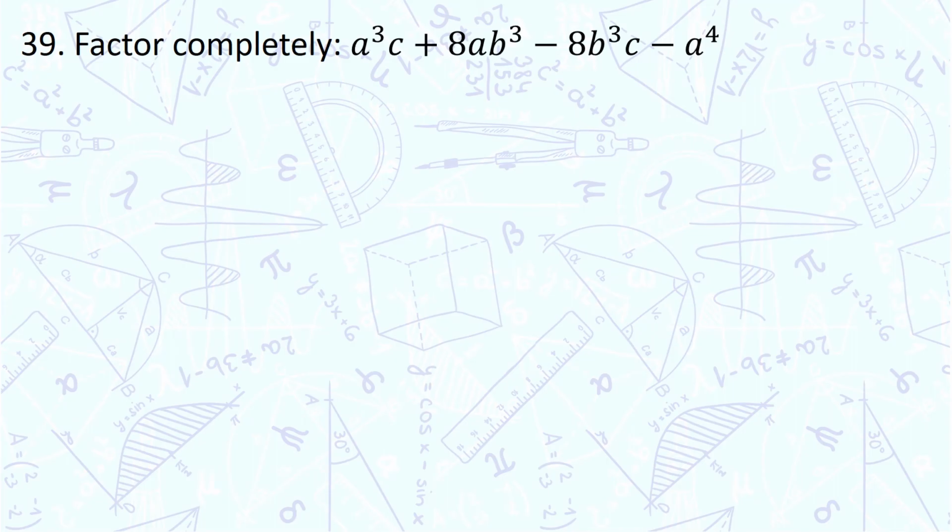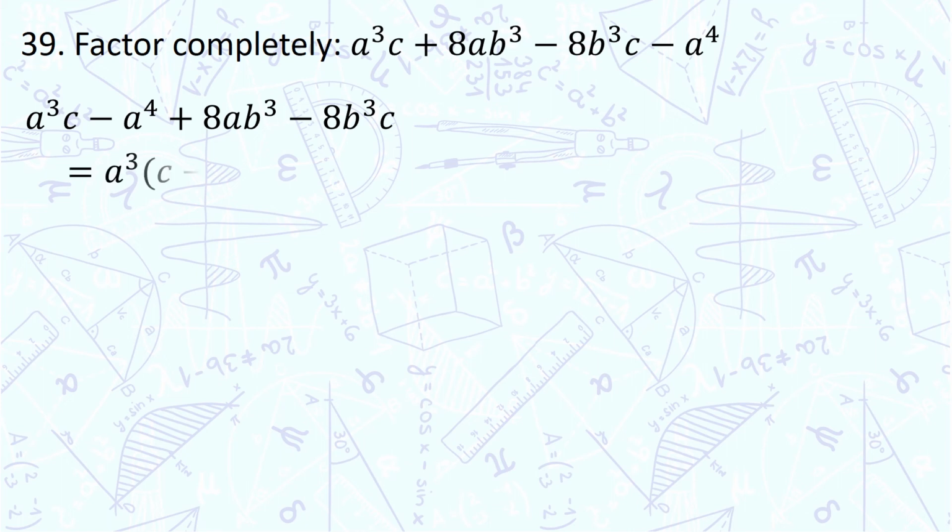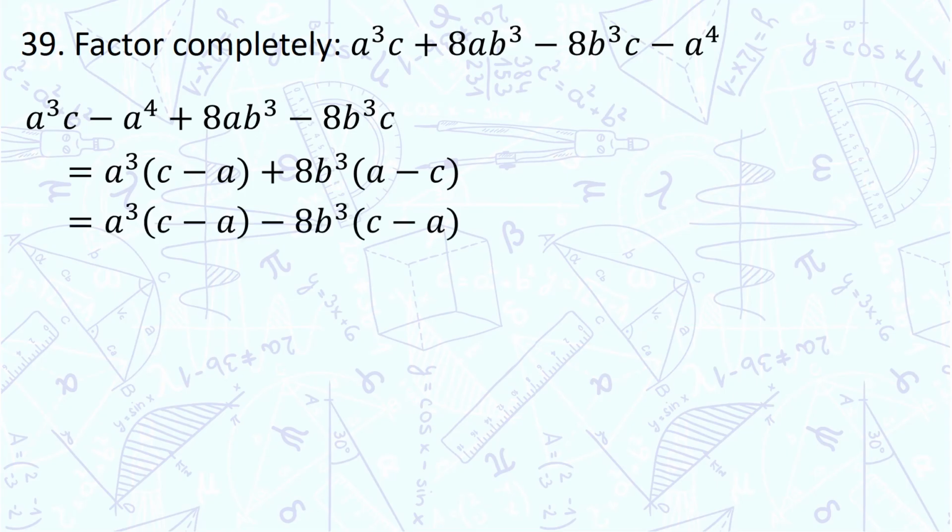39. Factor completely. A cubed c plus 8ab cubed minus 8b cubed c minus a raised to the 4th power. Let us regroup. A cubed c minus a to the 4th power plus 8ab cubed minus 8b cubed c. Then we can factor by grouping. We'll have a cubed times the quantity c minus a plus 8b cubed times the quantity a minus c.